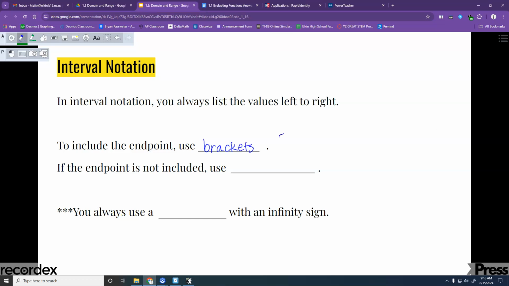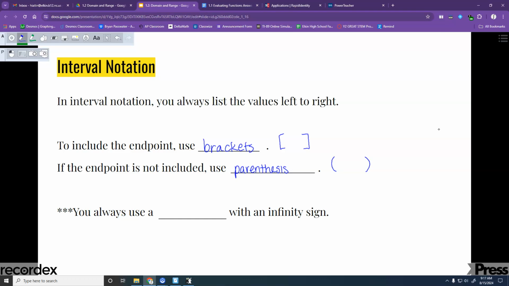And brackets are going to look like this. So like the square brackets. If the endpoint is not included, you're going to use parentheses. And parentheses, of course, look like that. I think you're more familiar with that sign.